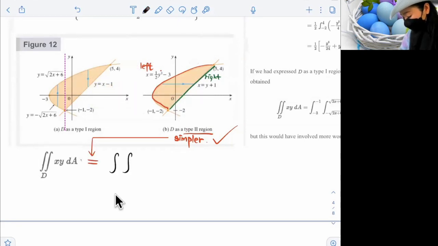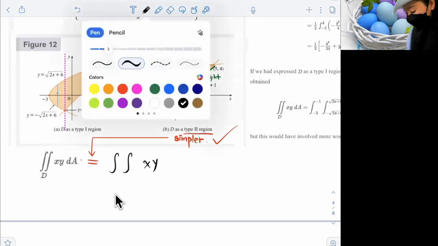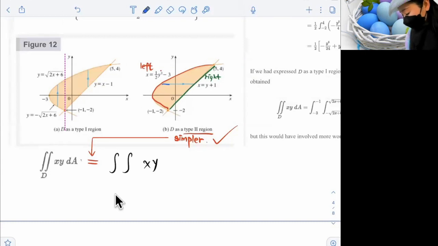Integral xy. Integrate with respect to what first? Take a look here. You draw the arrow like this, right? So this is x change from this to this. So integrate with respect to what first? X first, yes. So dx, x go from what to what?